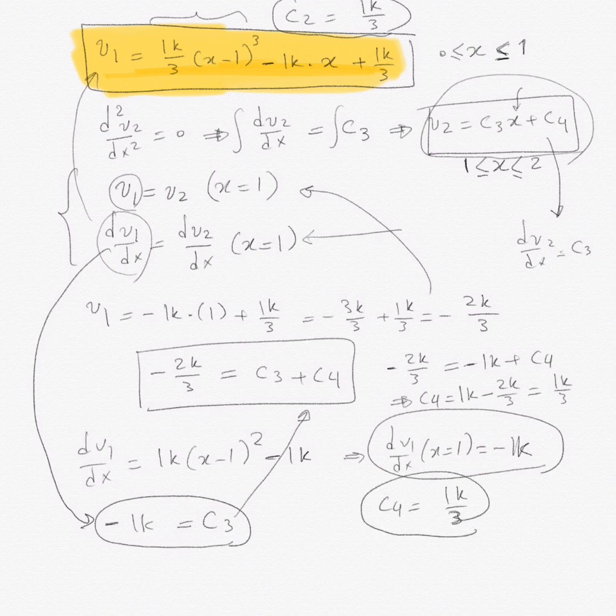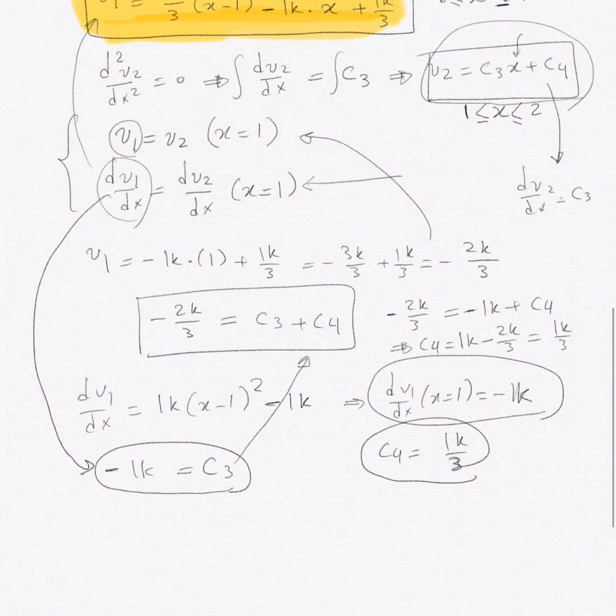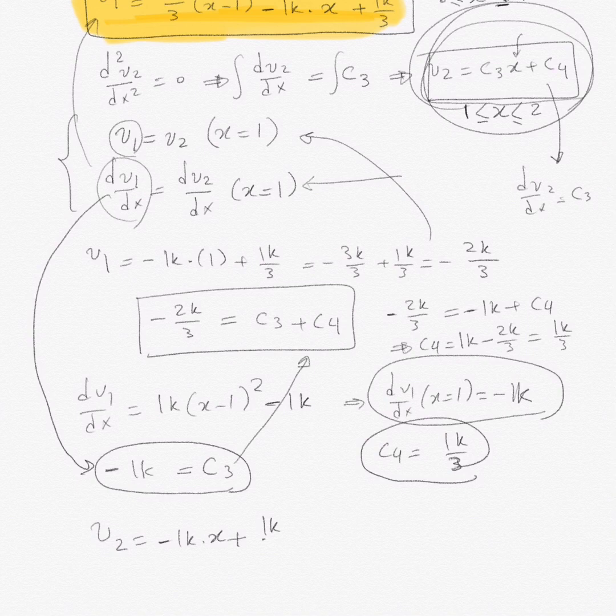So let's substitute C3 and C4 into V2. Then you get V2, let's write it here, is equal to, according to this equation, C3 times x plus C4, and C3 is negative 1k, so negative 1k times x, plus 1k over 3. There you go. Highlight it.